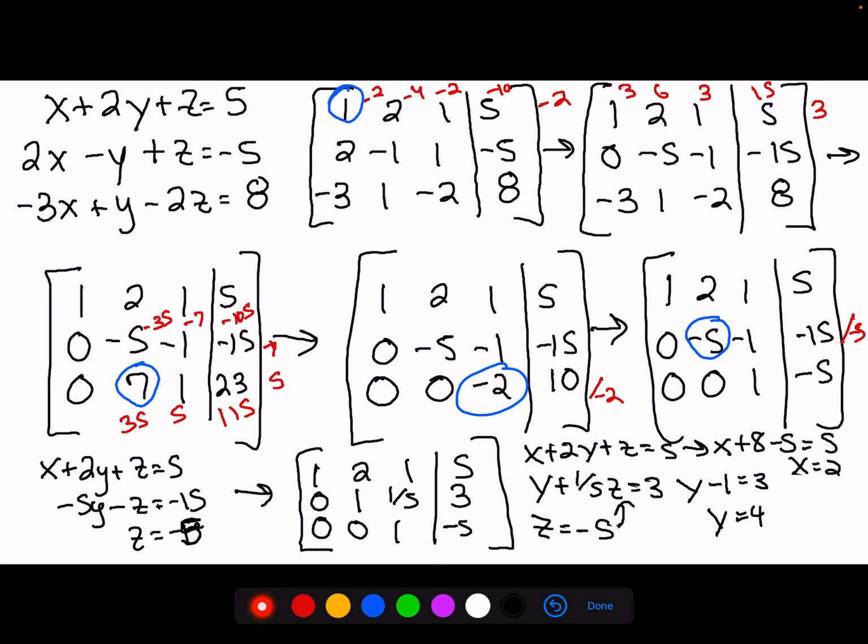So your ordered triple is 2, 4, -5. So that's your solution to that system of equations. You can plug in 2 for x, 4 for y, and -5 for z into all 3 equations, and it will work. So in a 3-dimensional situation, those 3 planes would intersect at that one point out there in space.